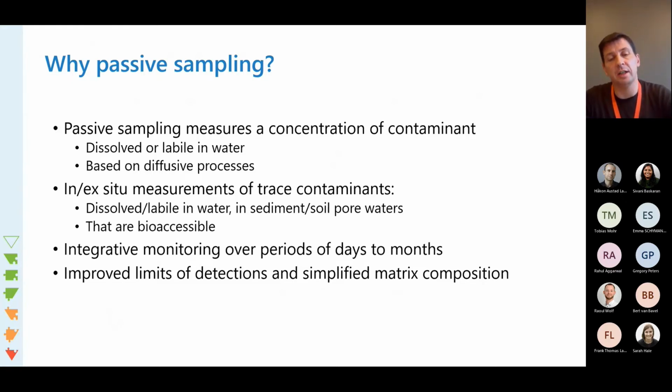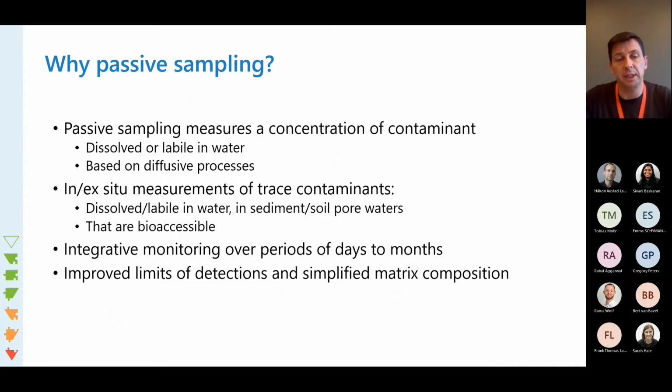The interesting aspect also is this integrative monitoring that can be done over periods of days and months, because for a lot of substances in the environment, the concentrations will vary over time, and if we have a tool with one measurement we can actually integrate the peaks and the changes in concentration, then we have a measurement that is actually quite attractive.